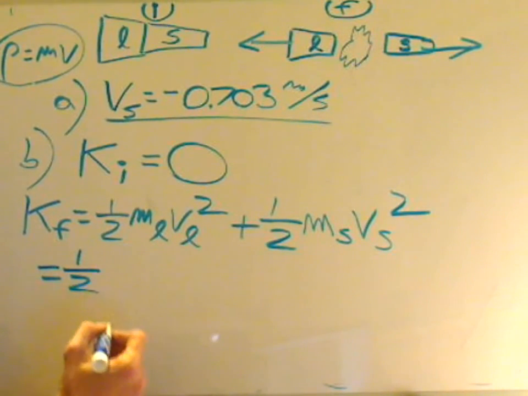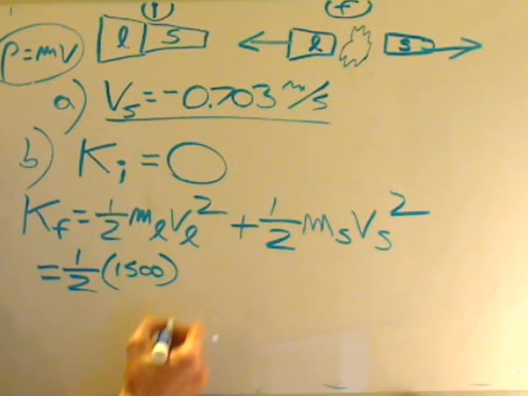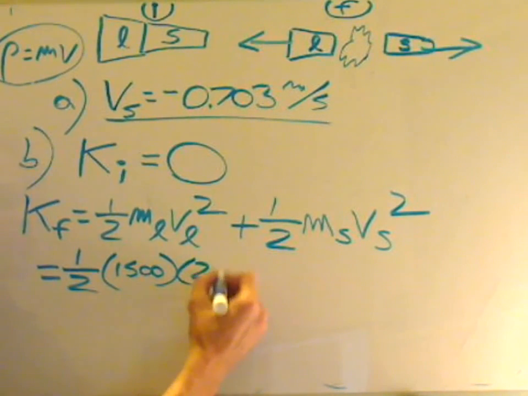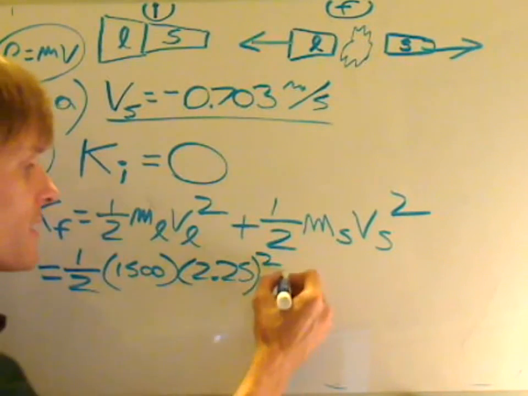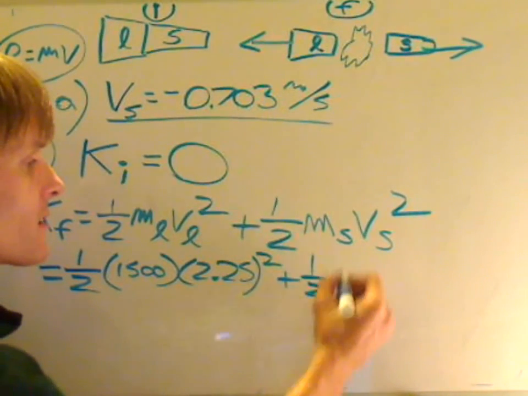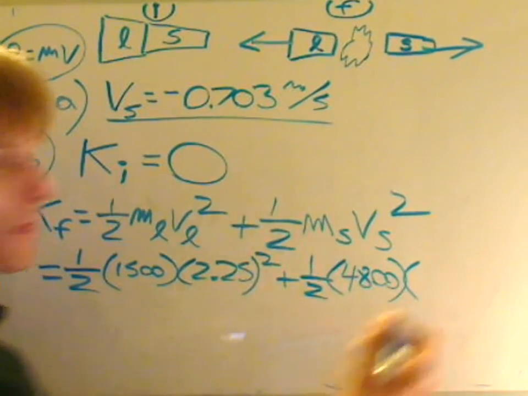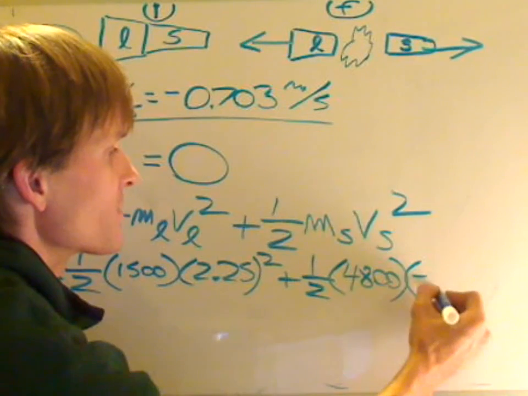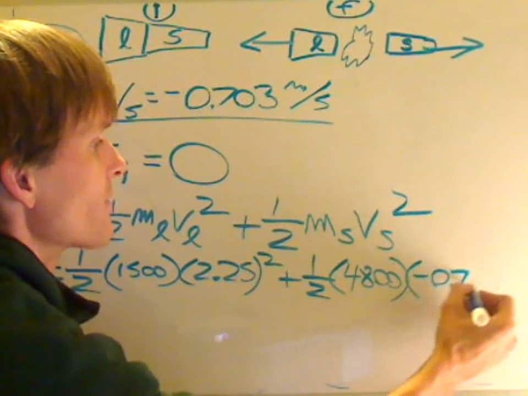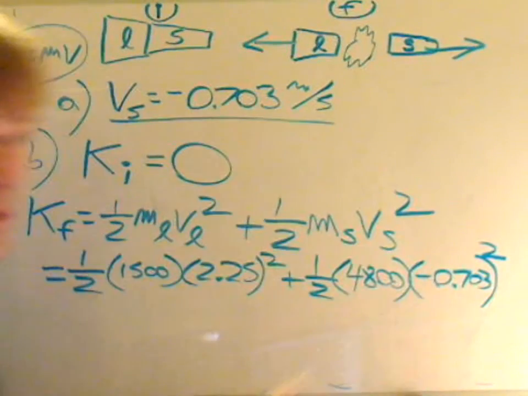Mass of the launcher, again, is 1,500 kilograms, and its velocity was 2.25 meters per second. Plus the same for the satellite. Mass was 4,800, and the satellite's velocity, we found, was negative 0.703, and that has to be squared.